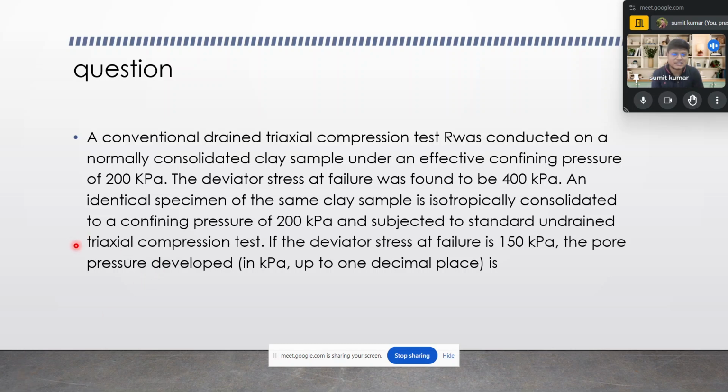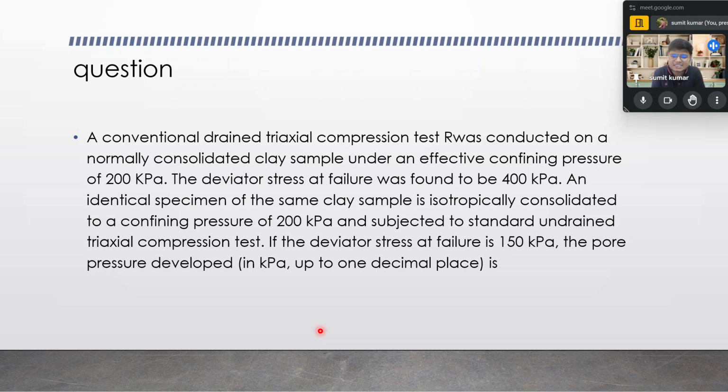First of all, starting with a question: a conventional drained triaxial compression test conducted on a normally consolidated clay sample under an effective confining pressure of 200 kPa, the deviator stress at failure was found to be 400 kPa.